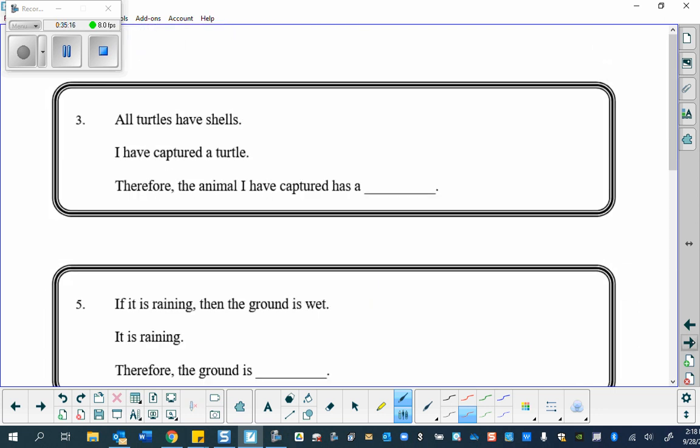All right, let's try to find 3. All turtles have shells. I've captured a turtle. Therefore, the animal I have captured has a shell. If it's a turtle, then it has a shell. I have captured a turtle, so P is true.